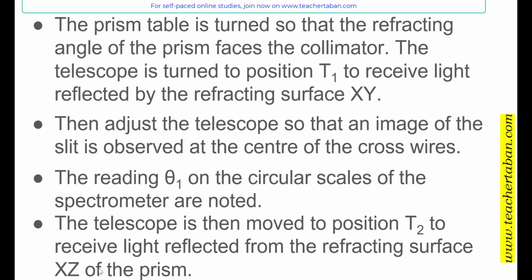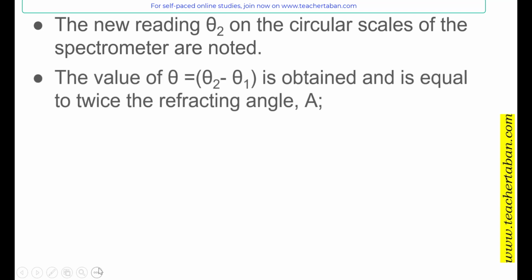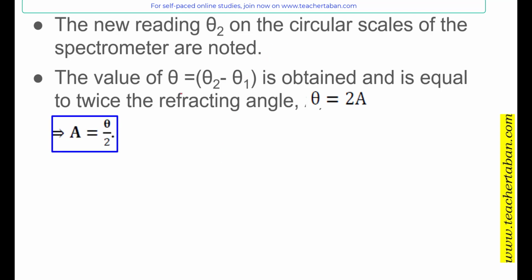Read and record the new angle theta 2 from the vernier scale of the spectrometer. Afterwards, the angle between the two positions of the telescope, theta, is got from theta 2 minus theta 1. And our refracting angle A of the prism is calculated from this expression here. So that is the experiment in brief.